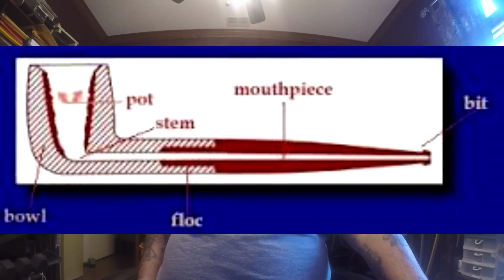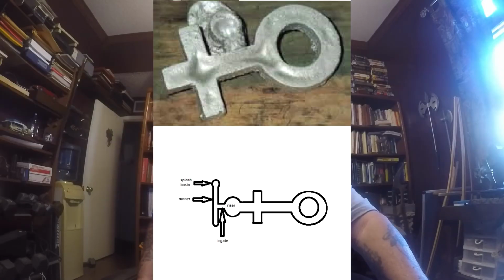And here is a casting. I am not exactly sure what the use of that casting would be, whether that would be a symbol of some sort in a religious setting, or I can't remember if that would be a symbol of a male or a female.